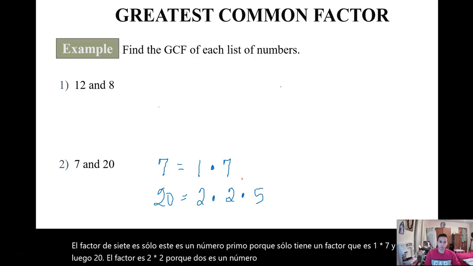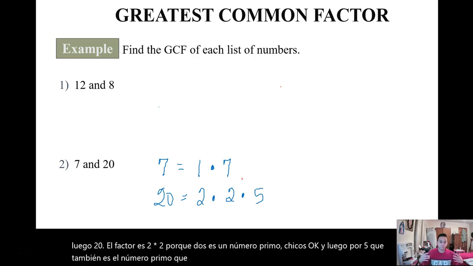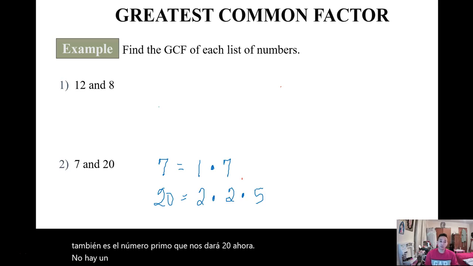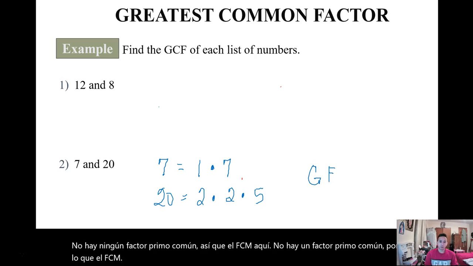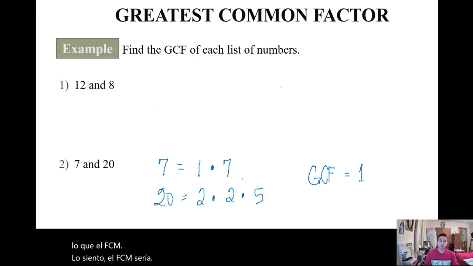And then times 5, which is also a prime number, which will give us 20. Now, there are no common prime factors, so the GCF would be 1. So the GCF of 7 and 20 is 1.